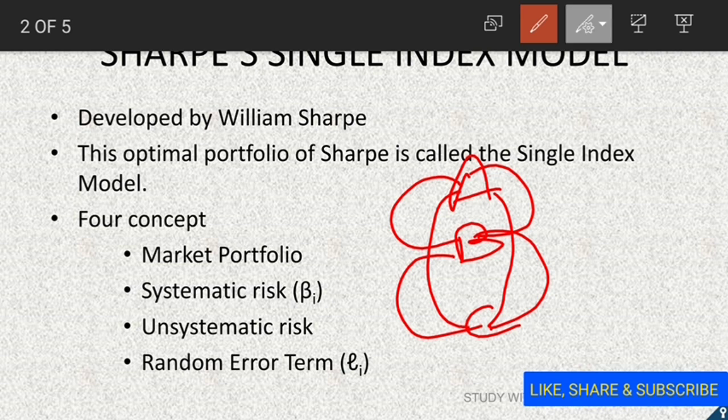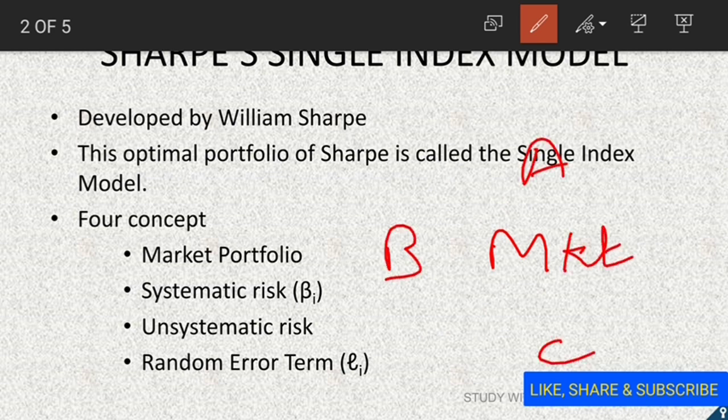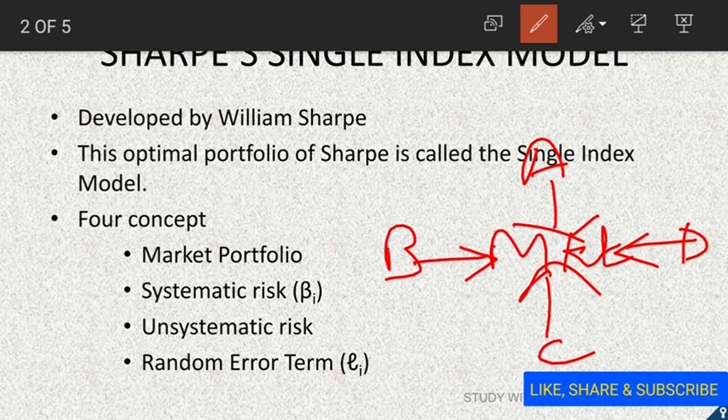Now, in the Sharpe's model, what happens? There is only one index, that is market. So, the relation of each security, say A, B, C, D, is studied in relation to the one factor, that is market or index. This is why this theory is known as single index model.